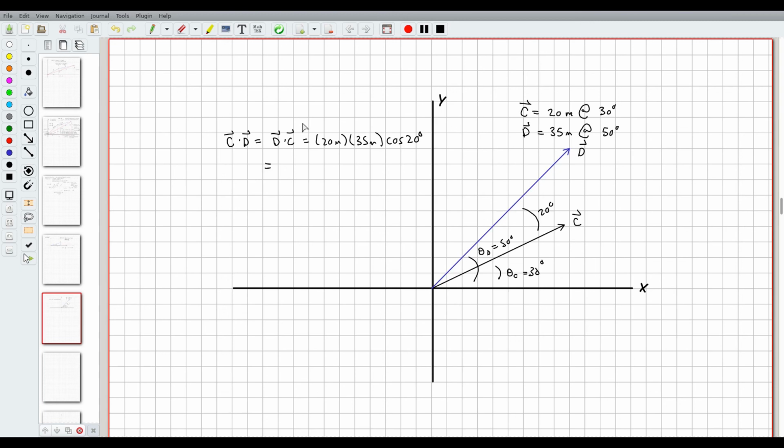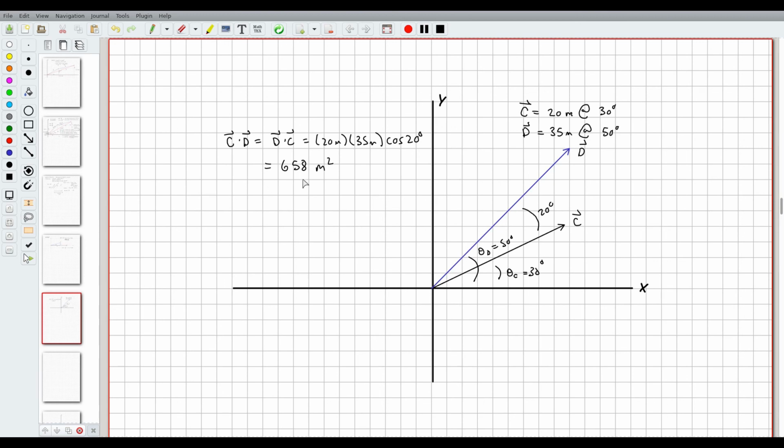And if you do the math on that, 20 times 35 times cosine of 20 is about 658 meters squared.